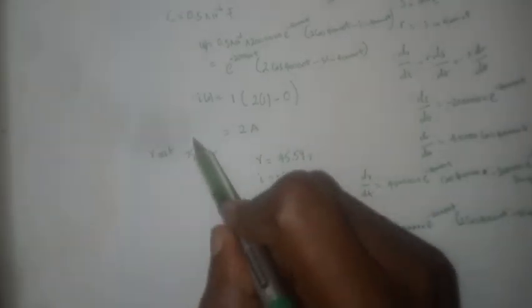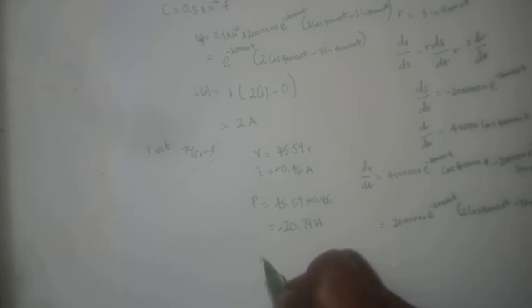To find the energy stored in the capacitor at this same time, W is equal to half CV squared.